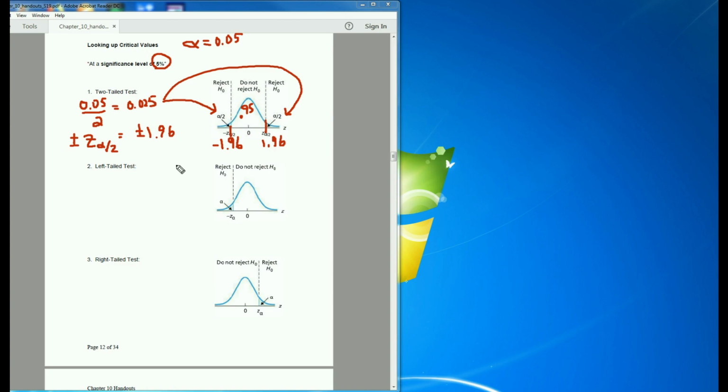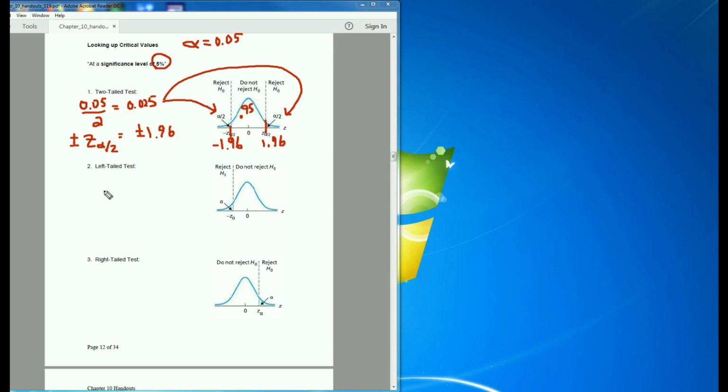All right, now here's where it gets a little bit different for the hypothesis tests compared to the confidence intervals. If we are just doing a one-tailed test, either left or right, then that means that all of the area of the significance goes into one tail.